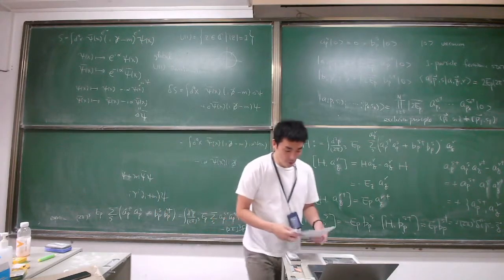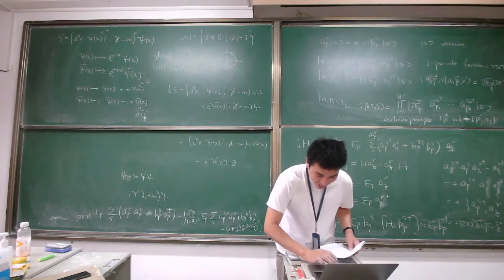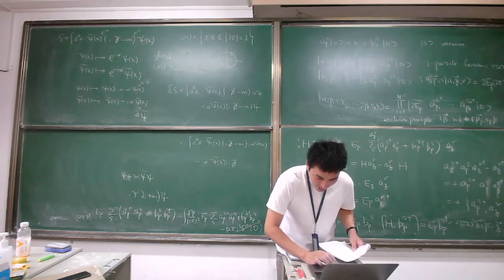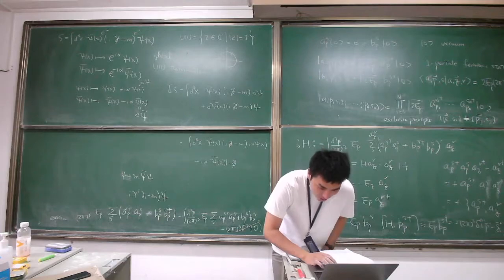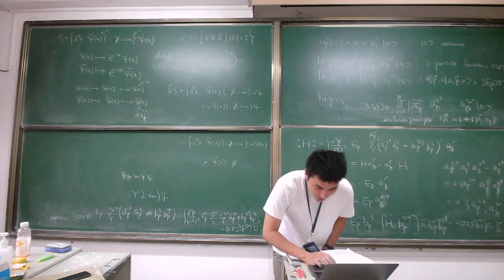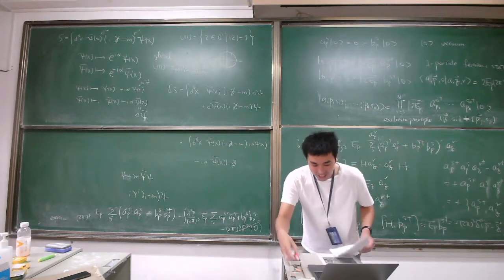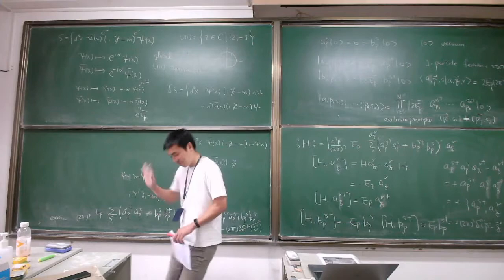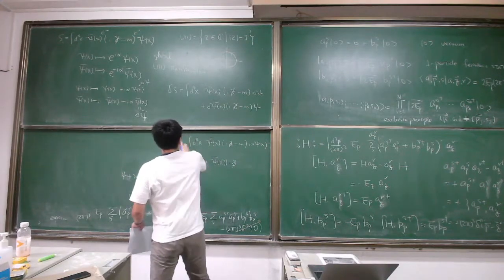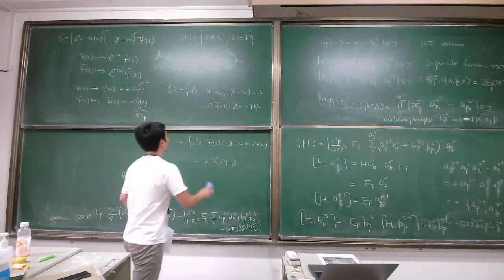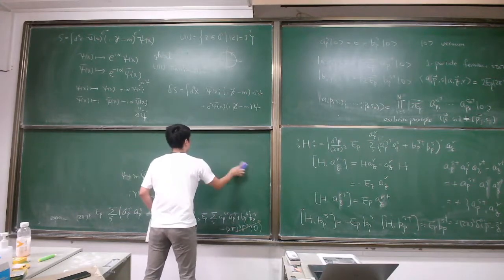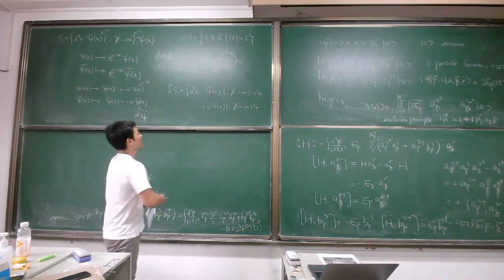Sorry, let me go back to Noether's theorem in my notes. What am I doing here? Sorry, I already forgot how to derive this. Noether current is the... Oh, sorry. Now I understand what I have to do. So this is equal to 0. So therefore this is just 0.